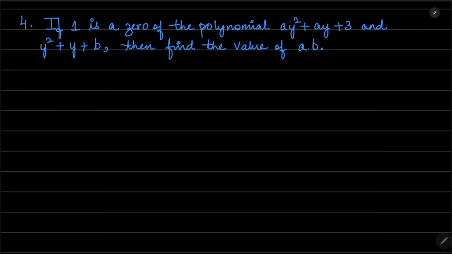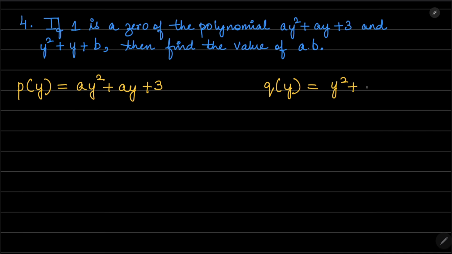So, let P of y be one polynomial, that is ay square plus ay plus 3. Let the other polynomial be q of y. Why am I writing q of y? Because the variable here is y. Y square plus y plus b.